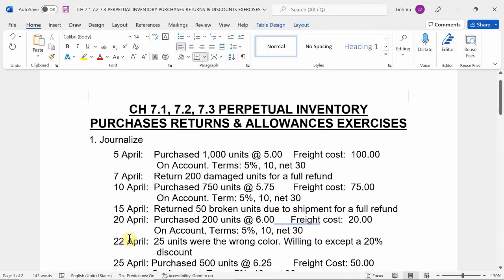So in this case, can you identify for me what I purchased? You purchased 1,000 units at $5. So that'd be 5,000. You identify units.